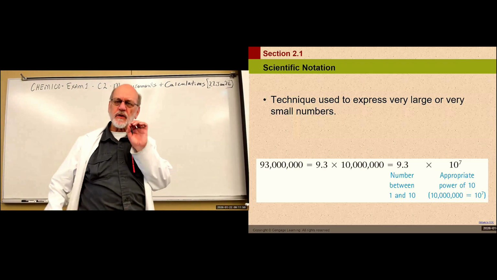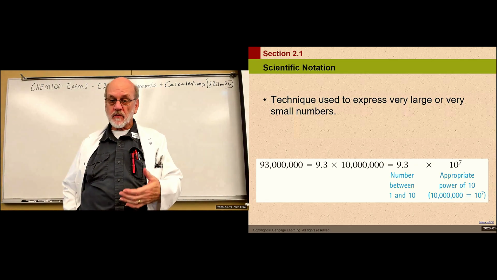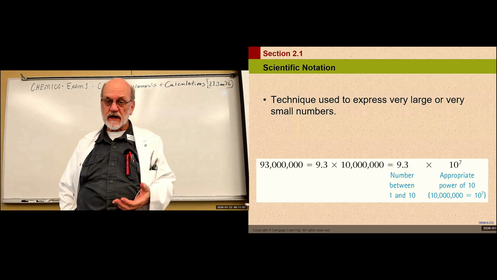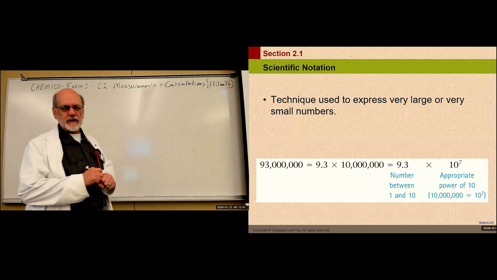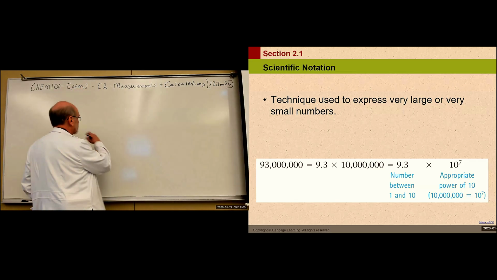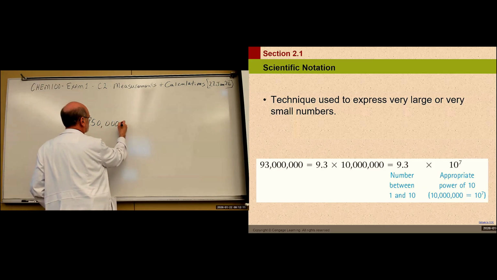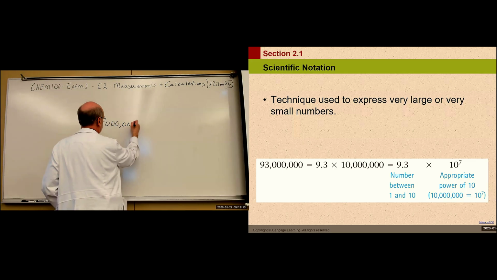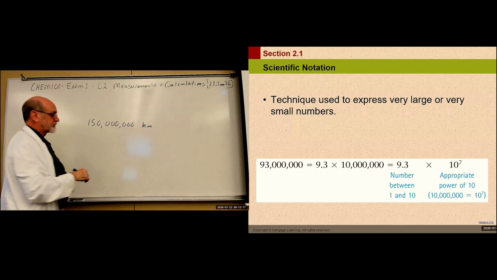Now, if we want to express this large number in a more manageable fashion, we can use what's called scientific notation. And let me pick a different number so I won't just be regurgitating what's on the screen. Let's pick the kilometers. How about that one? Kilometers distance.